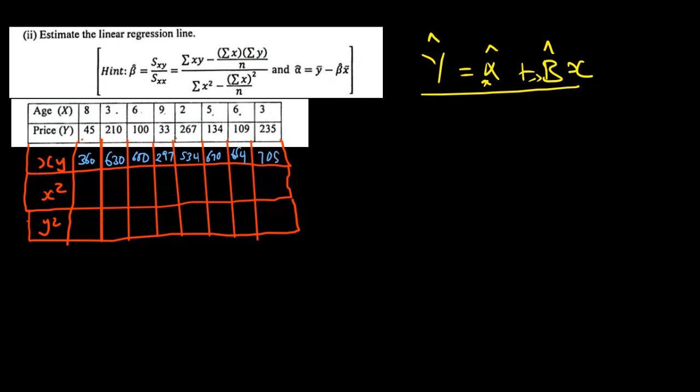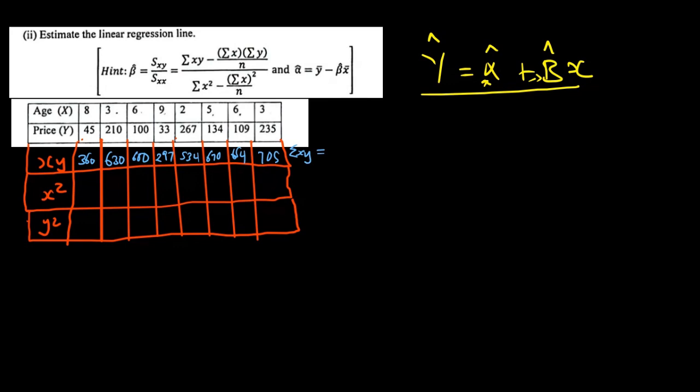So counter check these values here with your calculator as well. And then at the end here we're going to find the summation of the xy. So the summation of xy is just equal to adding all these numbers that we can see in this row here.